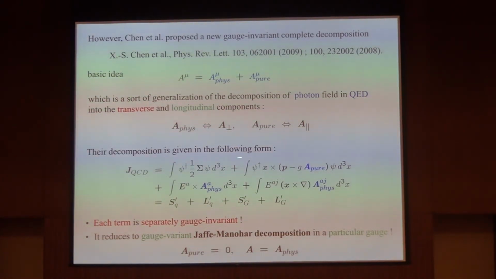Their decomposition is given in the following form. And the prominent feature of this decomposition is that each term is separately gauge invariant. And it reduces to the gauge variant Jaffe-Manohar decomposition in a particular gauge.